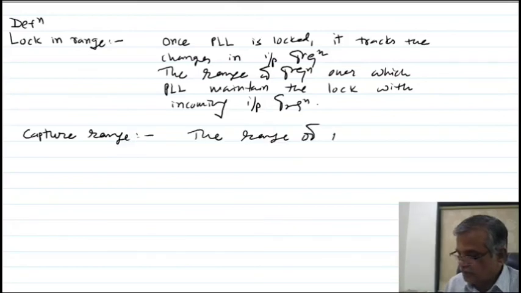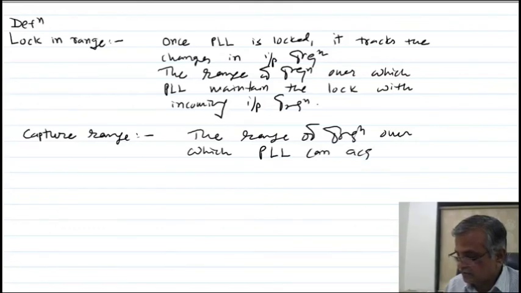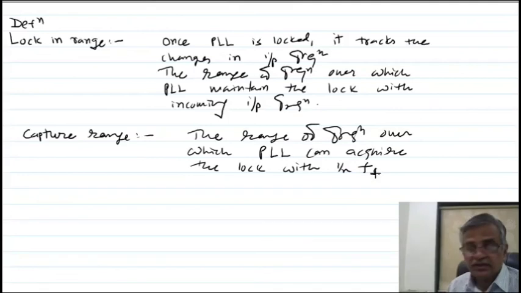The range of frequency over which the PLL can acquire the lock with the incoming input signal FS is called the capture range.